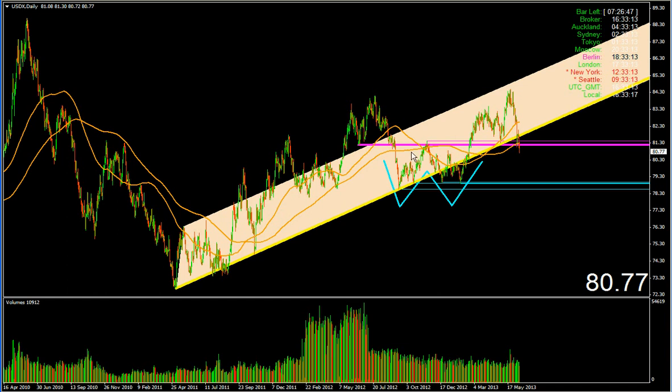So, I would wait, as the W formation started at 81.17, and we're trading down under. So I would be pretty neutral in this area, or prefer the short side.